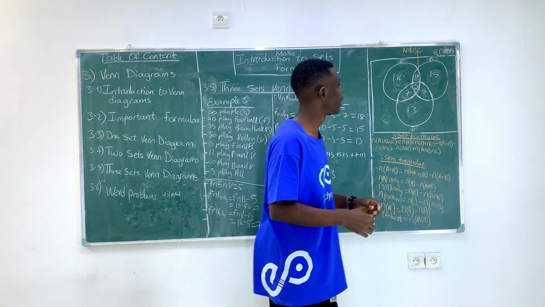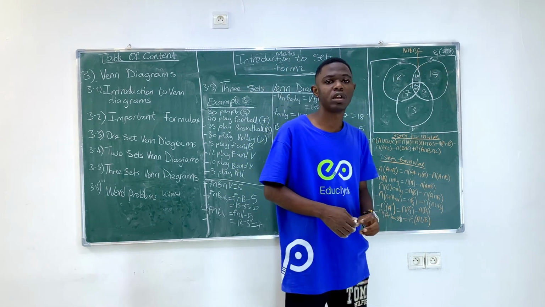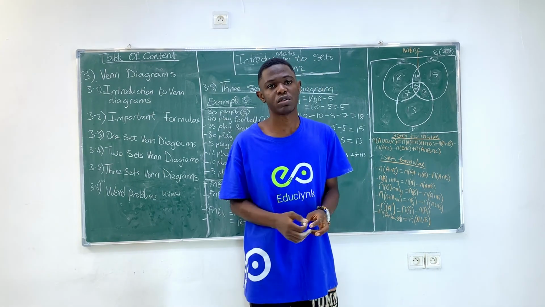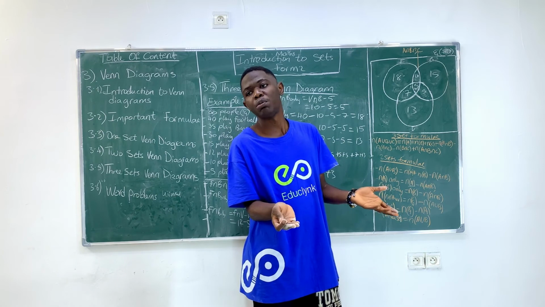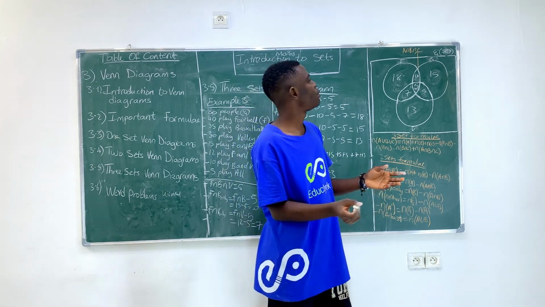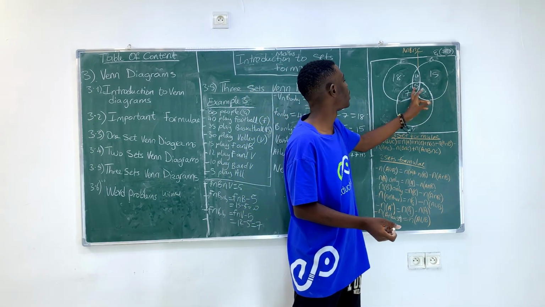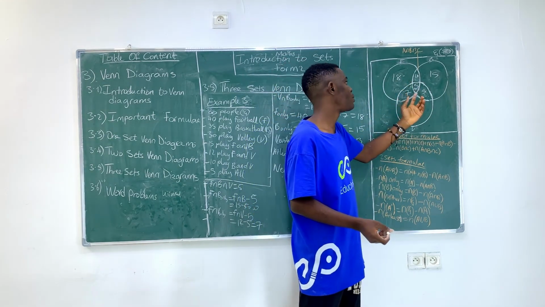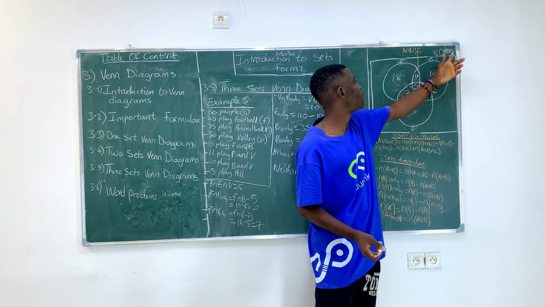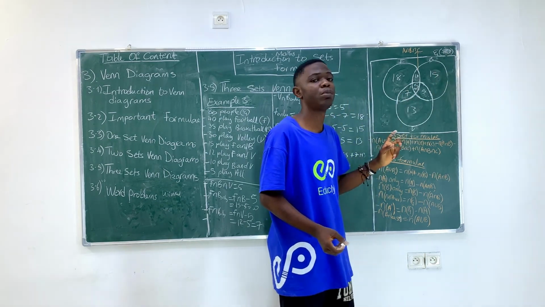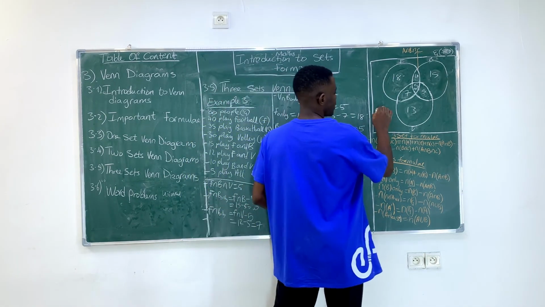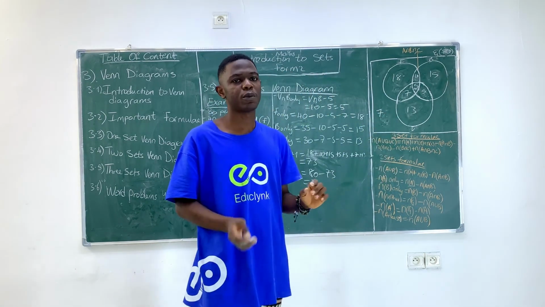So how many people are there? 80 people are there. And then from the 80, you remove all the people that are playing sports, so that you'll be left with people that are not playing any sport. All of the people that are playing sport, you add all of these people here. So when you do 80 minus those people, you'll be left with the people that are not playing any sport. And that number is giving you 7. So you know that there are 7 people that are not playing any sport.